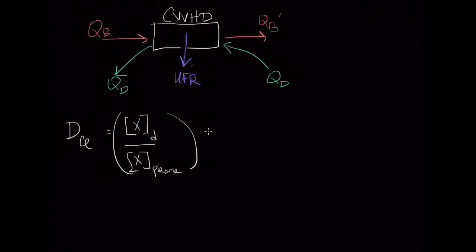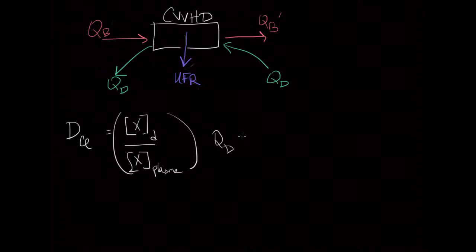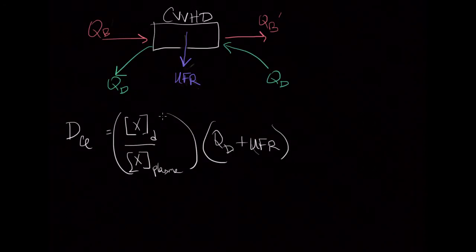Now the urine of the CVVHD machine is actually that dialysate fluid rate plus the ultrafiltration rate. And normally this is set at 0 because the patient is critically ill and most likely hypotensive. But if you do have that set at something other than 0, you just add that to the dialysate fluid rate.